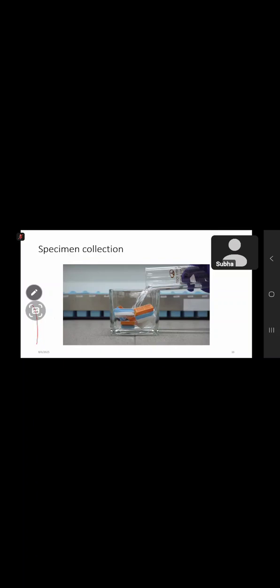So correct sample collection is very important, especially in histopathology, because unlike other specimens such as blood or body fluids, we cannot repeat the histopathology specimen. So correct sample collection as well as transportation is very important.